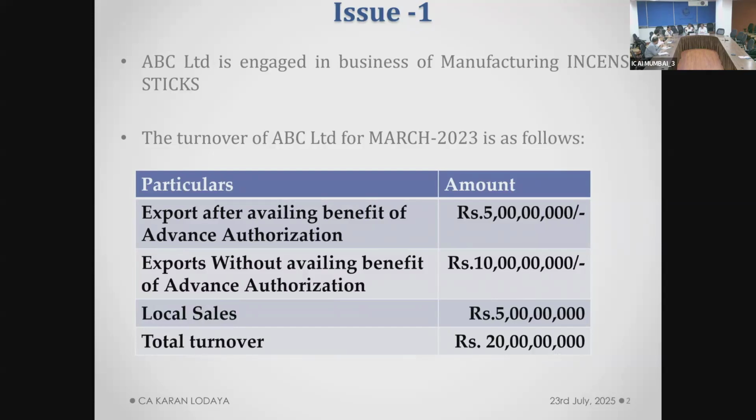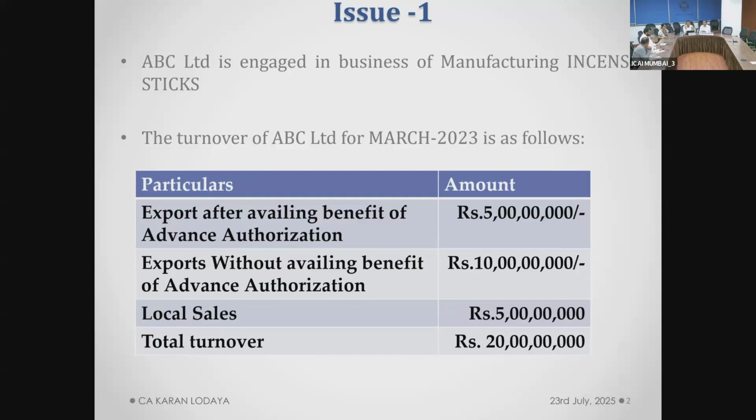So whenever you are importing that goods, you can import raw material X under advance authorization, with the condition that I will incorporate this X in product A and thereafter export the same. So there is a precondition: whatever raw material it is, after manufacturing in India, you have to export that thing. So that is basically advance authorization.